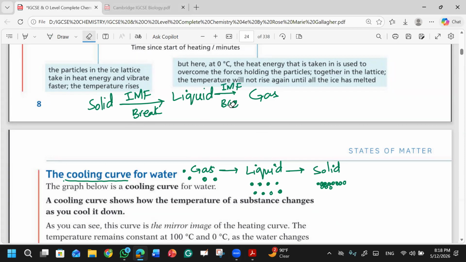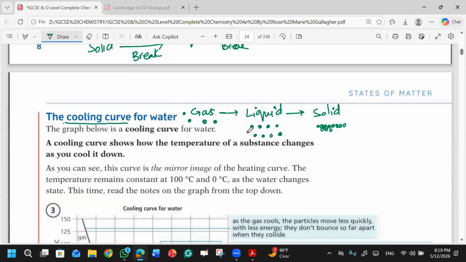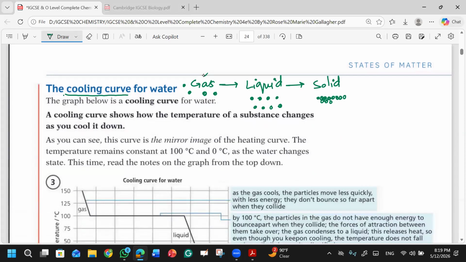Because you need interaction now. If you see, in the gas there are weak interactions. Now you want to make liquid from the gas. So what do you need? You need to increase intermolecular forces.